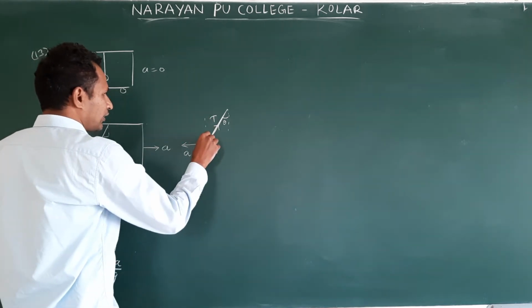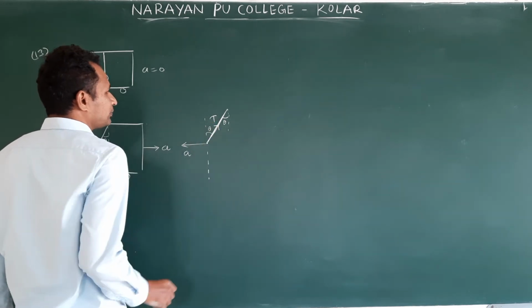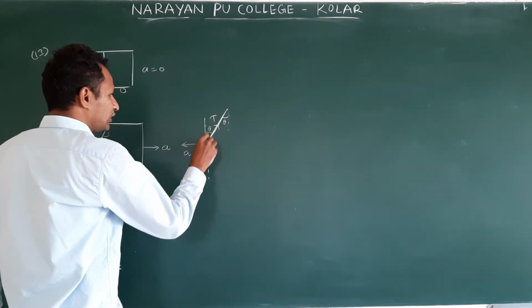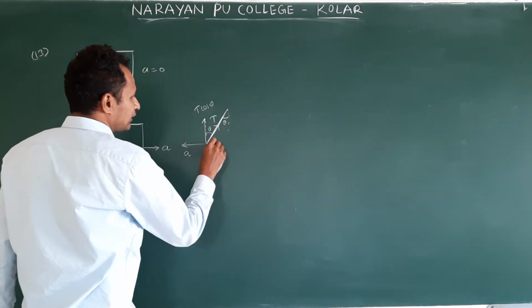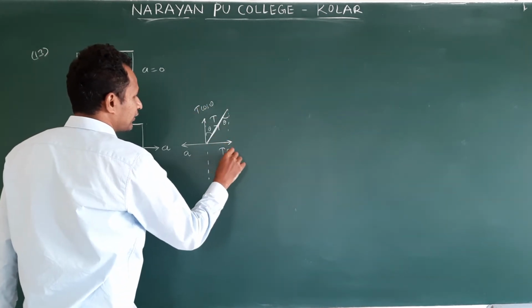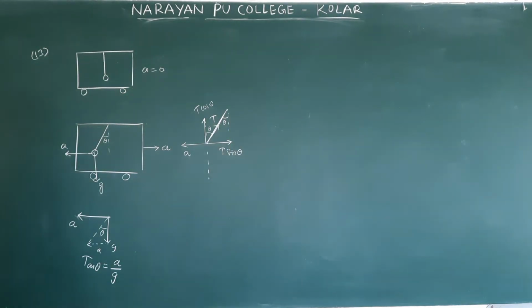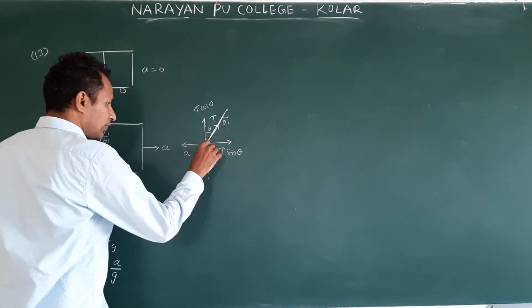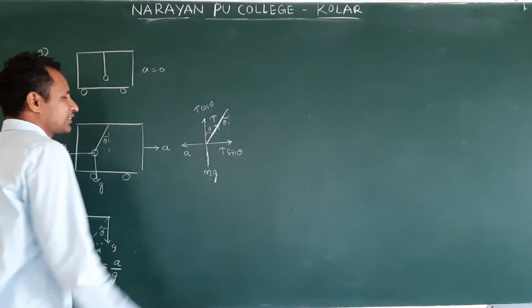Okay. If this angle is theta, this angle is theta. Then along this, which force will act? T cos theta. Along this, which will act? T sin theta. Right? Along this, mg will act downwards.